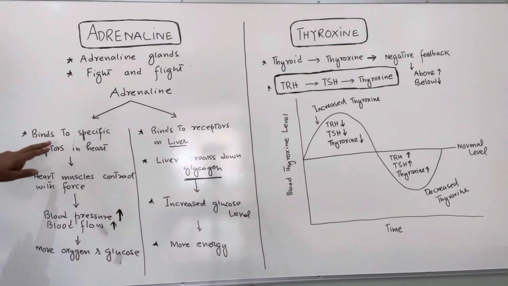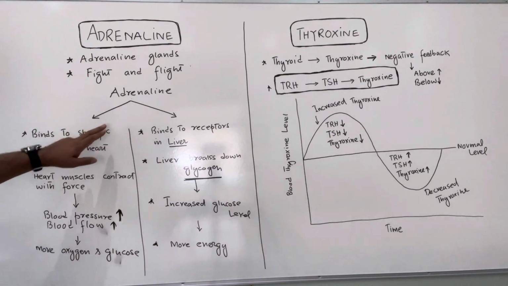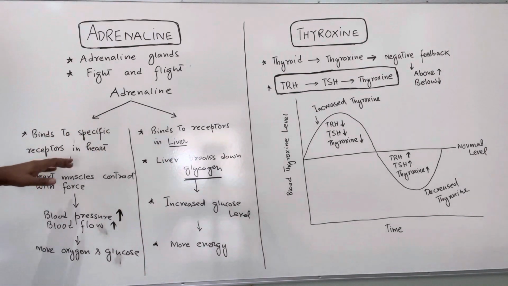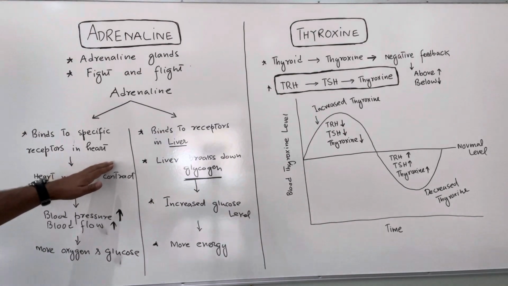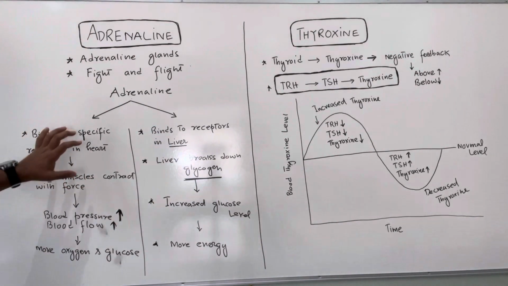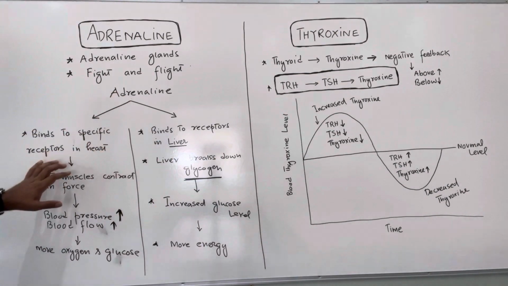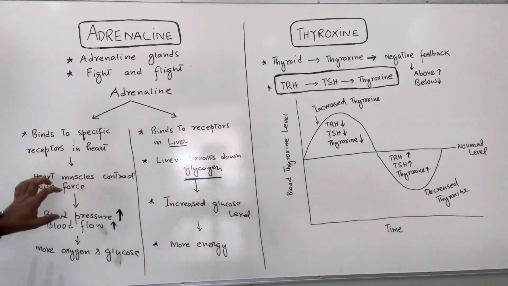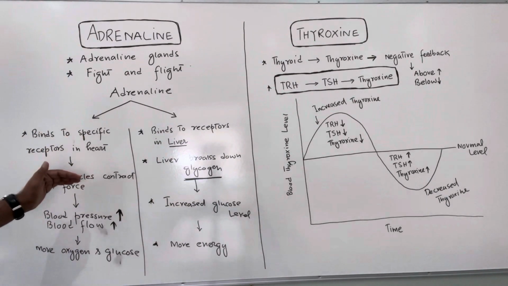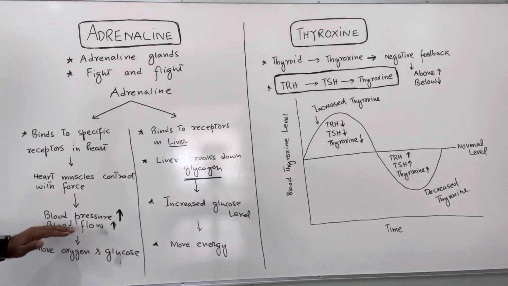So in one case, the adrenaline hormone binds itself to some receptors inside the heart muscles, and as a result, when we have more adrenaline hormone, the heart muscles contract with great force, increasing blood pressure and blood flow to our body muscles.